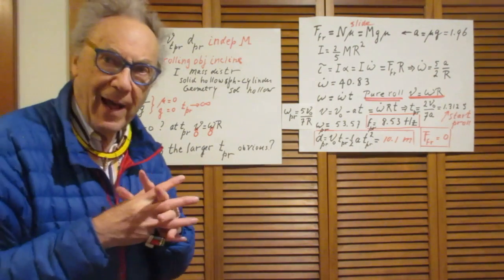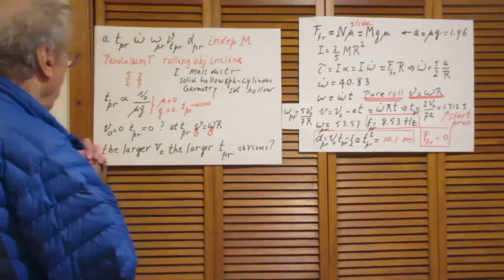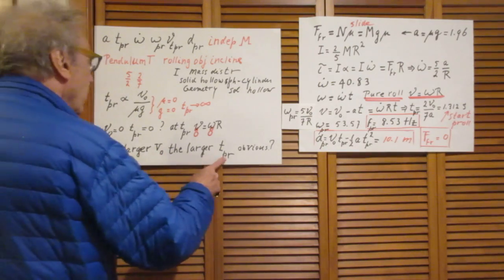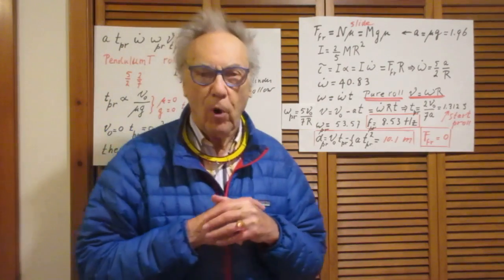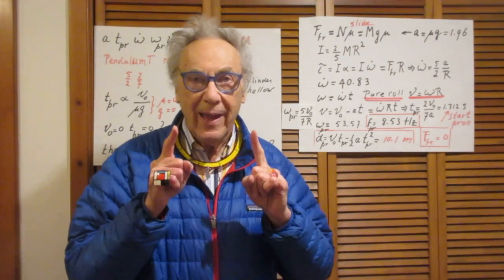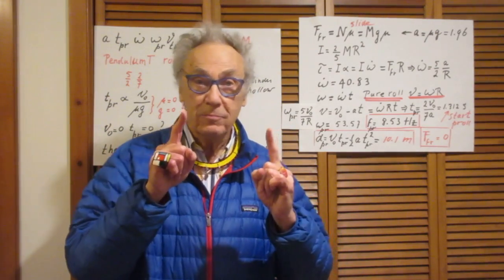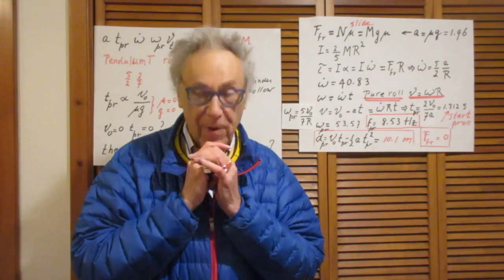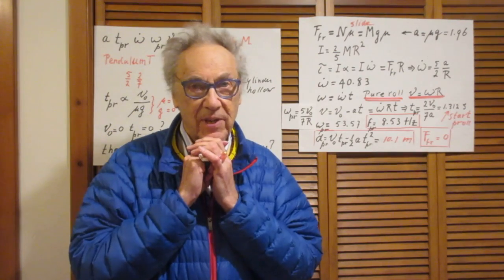Now comes my last question, which is a little bit more tricky. It also states here that the larger V0, the longer will be the time for it to reach pure roll. So now I will stop this recording. I will replace the batteries in my simple camera, and then I will continue this.